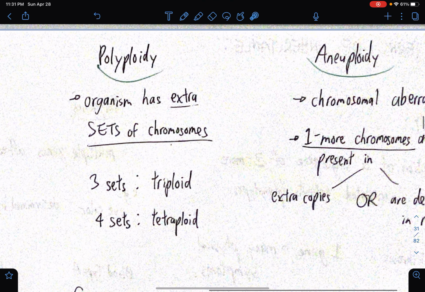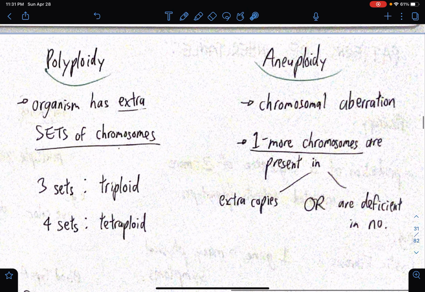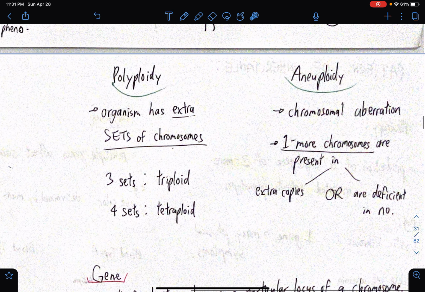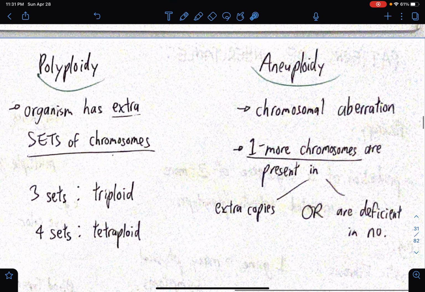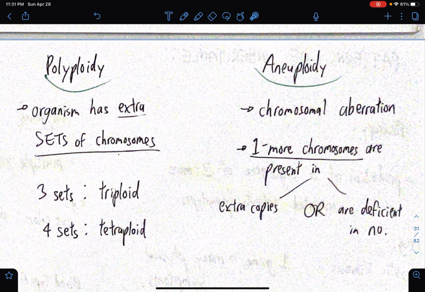Polyploidy. So what's polyploidy? This is when an organism has extra sets of chromosomes. Back when I discussed genetic anomalies, for example Klinefelter syndrome, Patau syndrome, Down syndrome, all of the genetic anomalies I've mentioned in the previous videos basically fall under the category of aneuploidy.